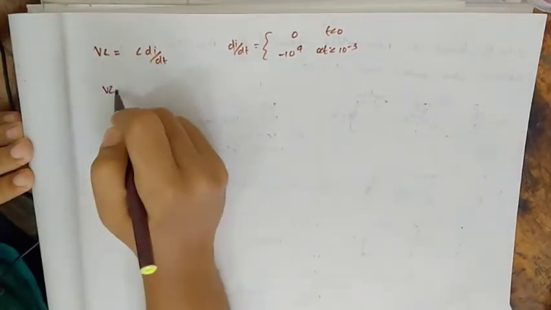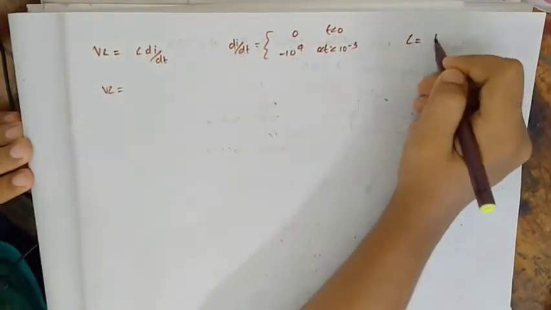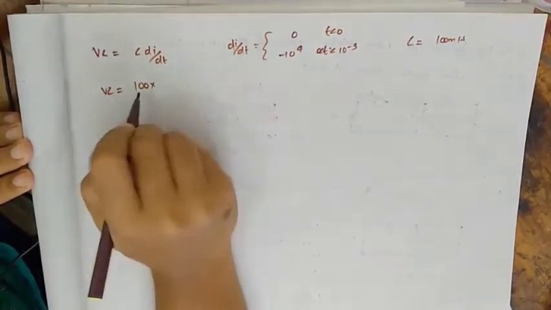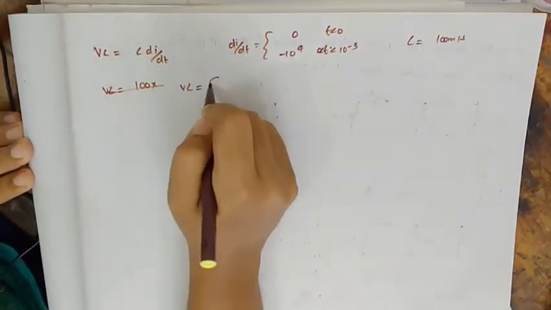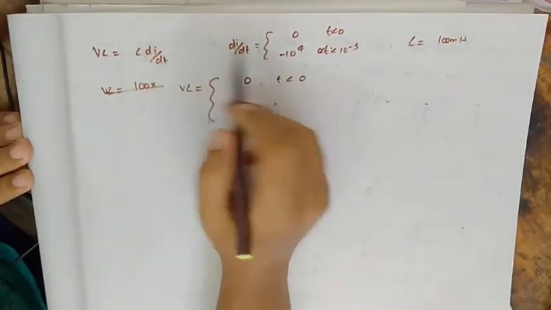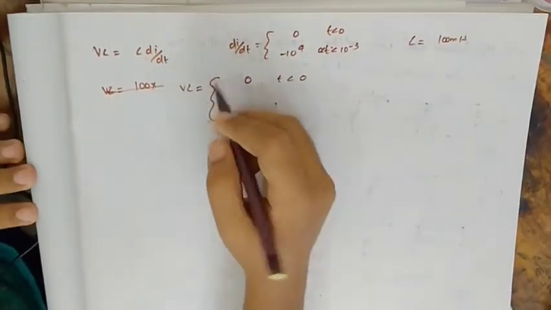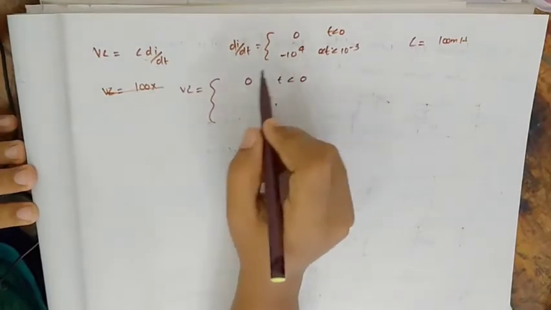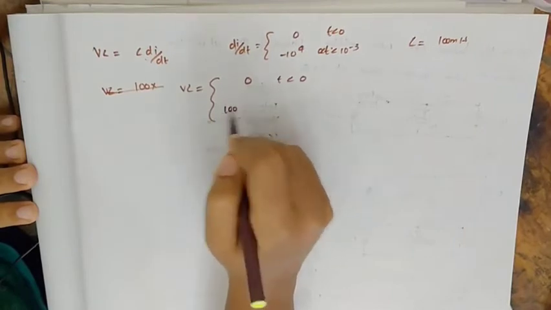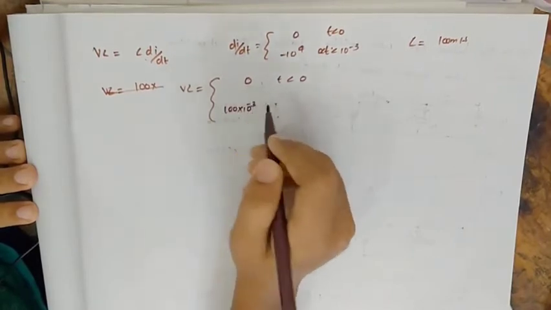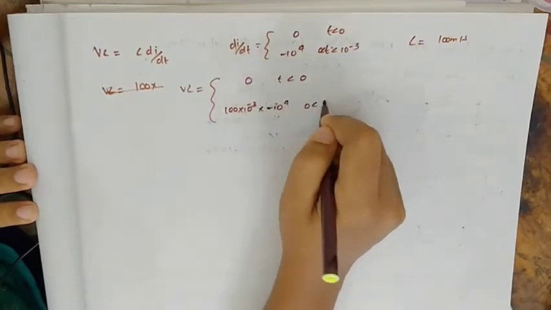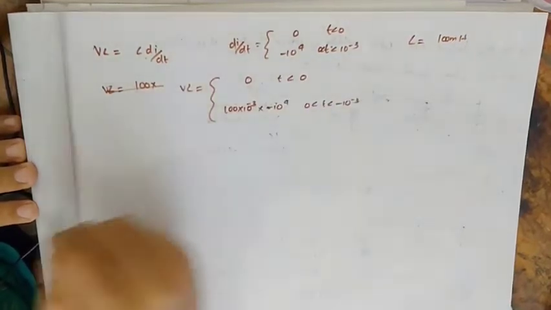So VL, our L is equal to 100 millihenry. I am going to write VL as 0 for t less than 0, because L into di by dt, and di by dt is 0. For t greater than 0, it is L into di by dt, minus 10 raised to 4 for 0 less than t less than 10 raised to minus 3.